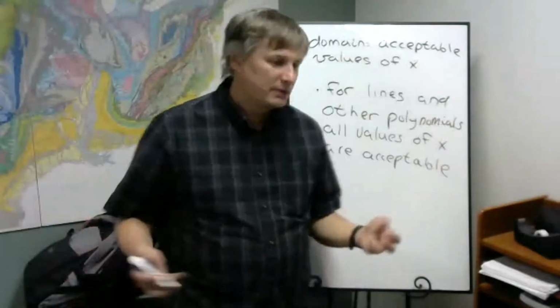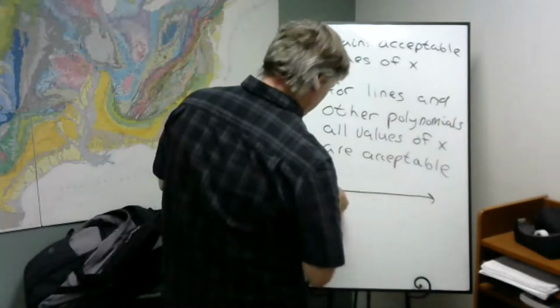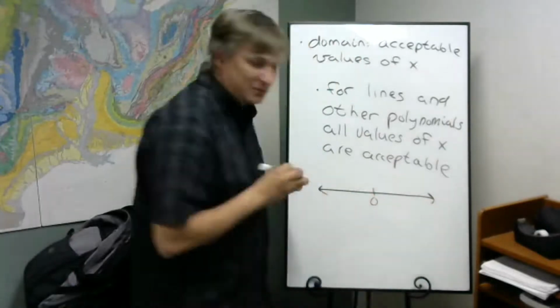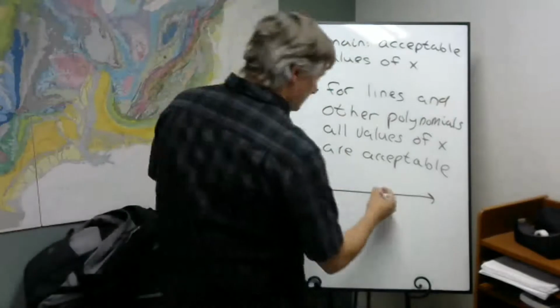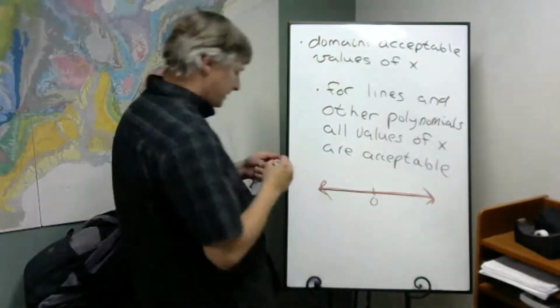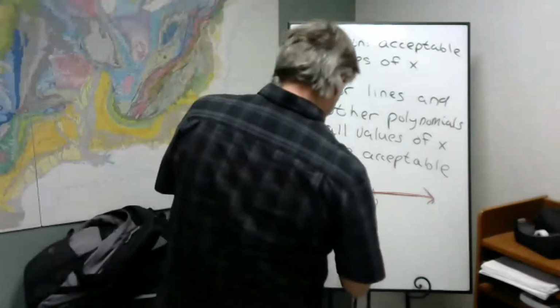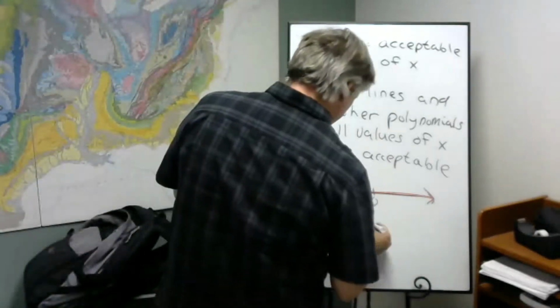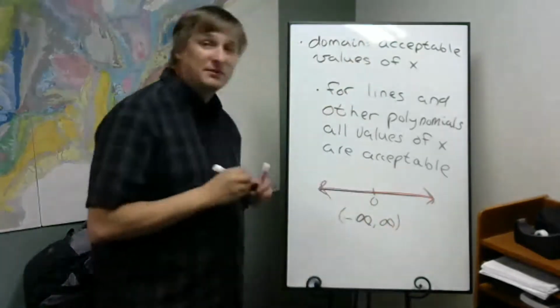And we're usually talking about an interval on the number line. Well, if all the values are acceptable, then the entire number line will work. Now again, this is for lines and other polynomials. So our domain will go negative infinity to positive infinity.